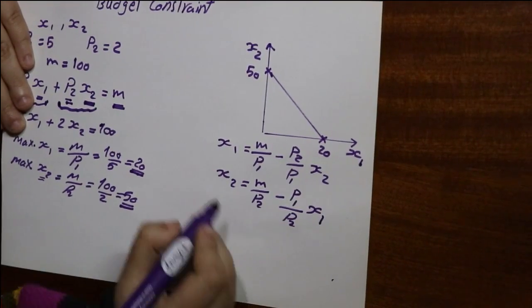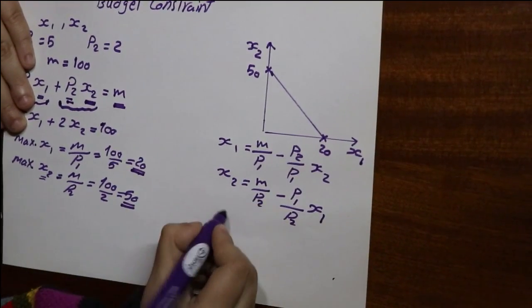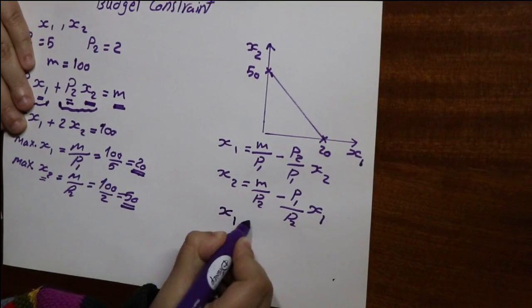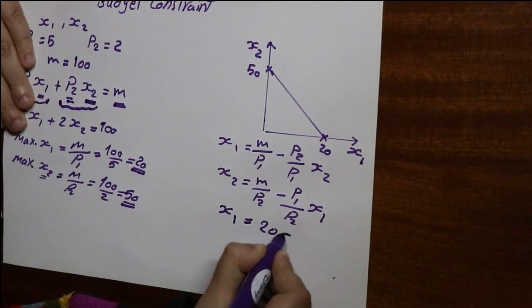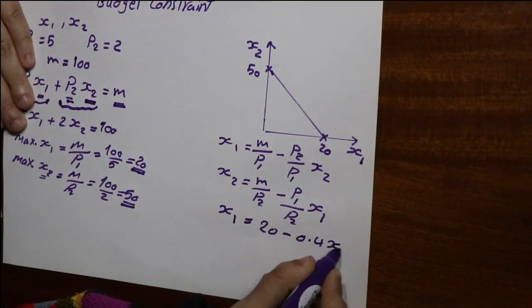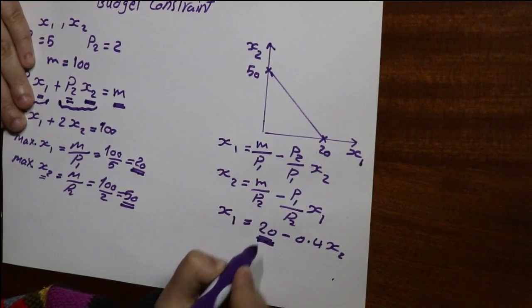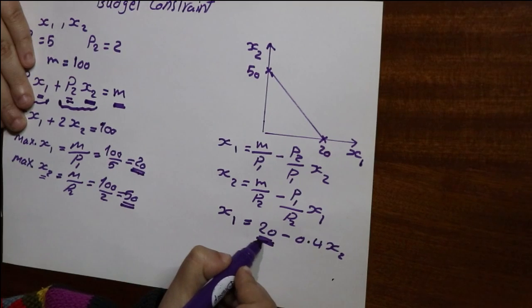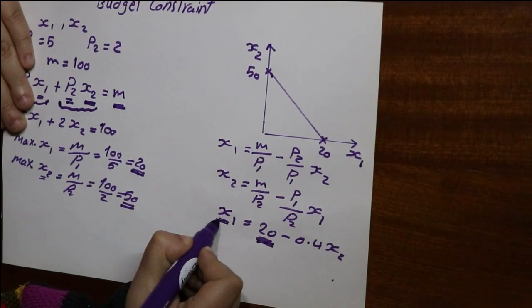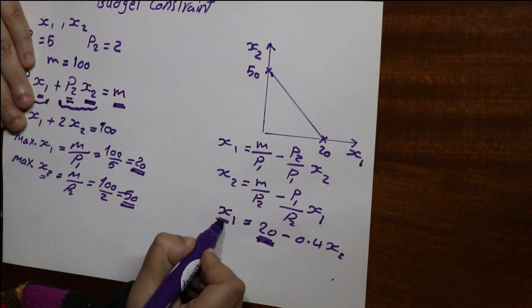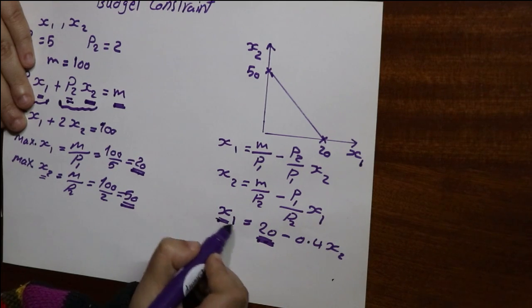We will derive the first one. x1 equals 20 minus 0.4 x2. What does 20 refer to? It refers to the intercept. If I spend all of my money on good one, x1, and spend nothing on x2.